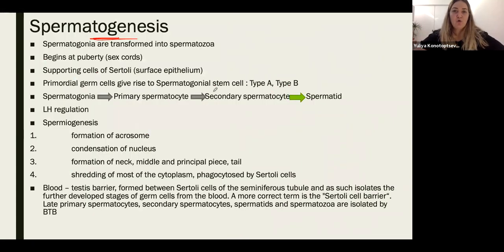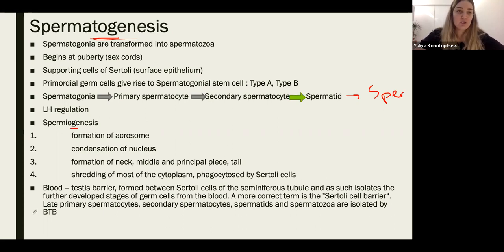Okay, we talked about all of these parts. Take a look at the steps of spermatogenesis. We have spermatogonia, primary spermatocyte, secondary spermatocyte, spermatid, and the last one is spermatozoa. So these are the 5 stages of spermatogenesis. But in addition to spermatogenesis, we also have spermiogenesis.